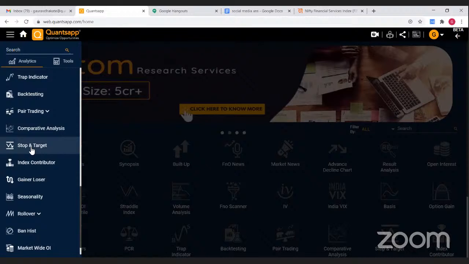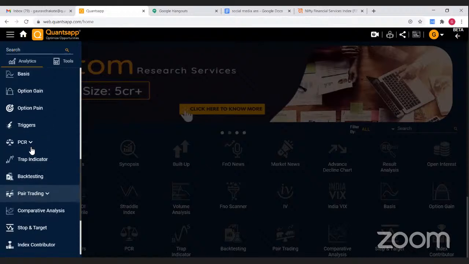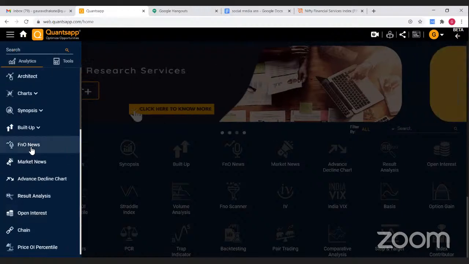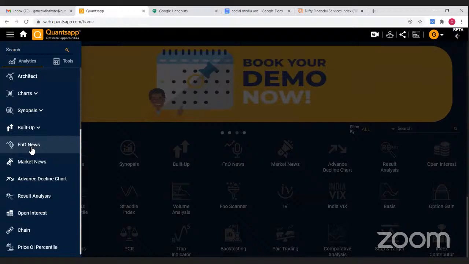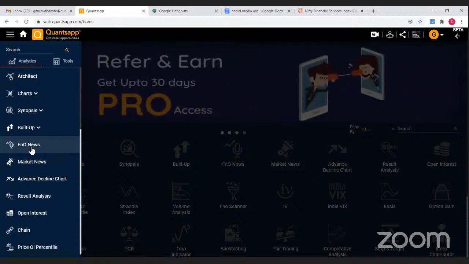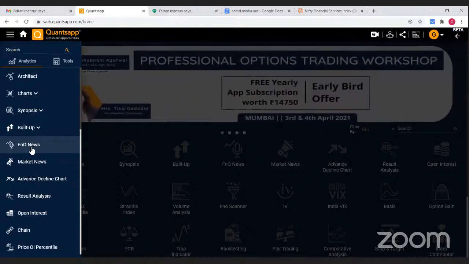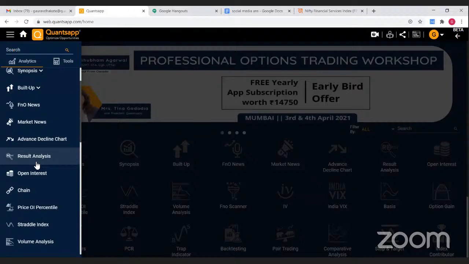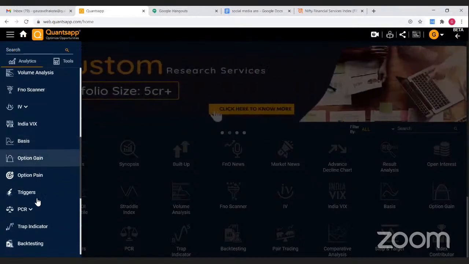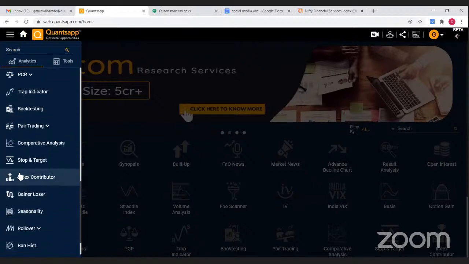So these are the four tools that we are taking today, and these are some useful tools which you can use by making your payoff diagram, by looking at how the build up is going on, which gives a good idea about the kind of market participant behavior.